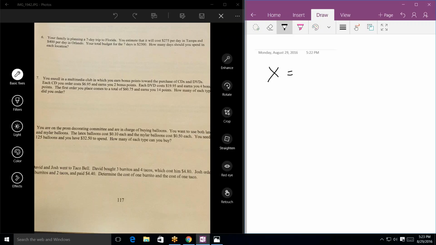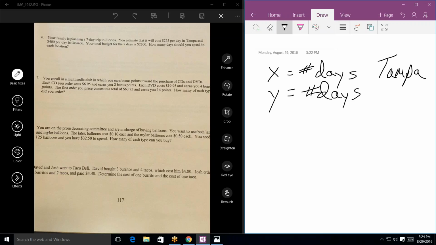What's the last sentence say? How many days should you spend in each location? So there you go. The number of days. X should be the number of days in Tampa. See how easy it is? Most problems are like this, where all you have to do is read the last sentence, and that tells you exactly what your variable should be.